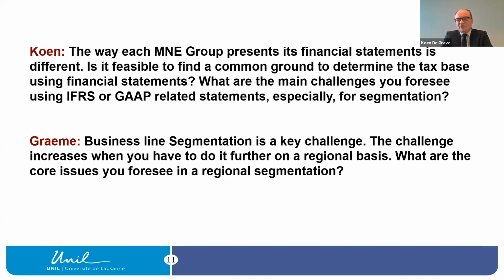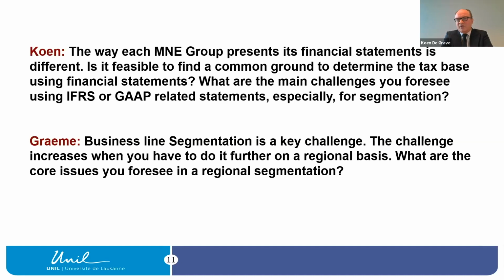If we then go to the segmentation, why could segmentation be relevant to determine amount A? There are in fact two main reasons. The first one was already mentioned by Norman, because an international group does not necessarily only do activities which fit within the framework of Pillar 1.